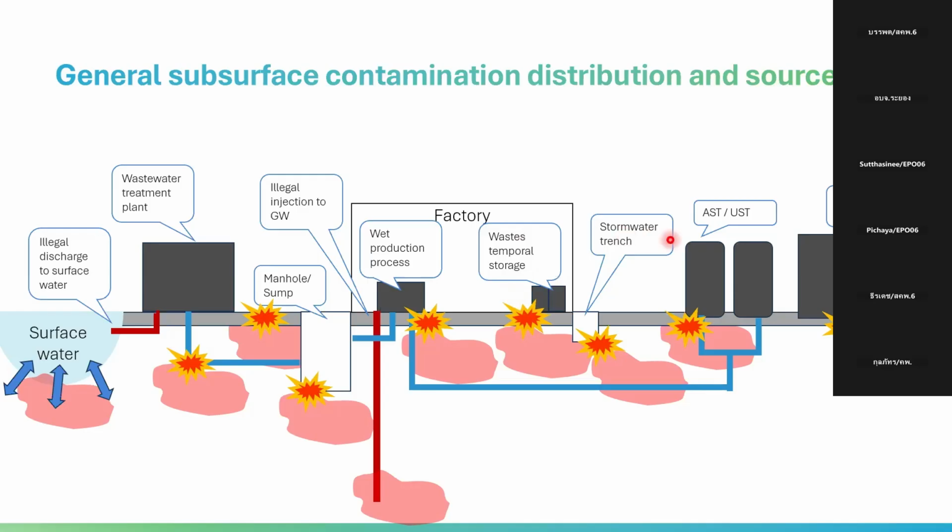And the stormwater channel or the manhole or the sump could be other sources, or the aboveground storage tank or underground storage tank, and its underground piping, especially the piping where it changes direction and its congestion location, could be the major leaking point.